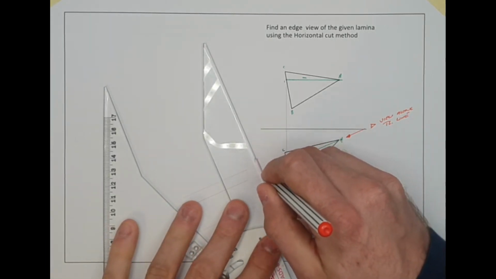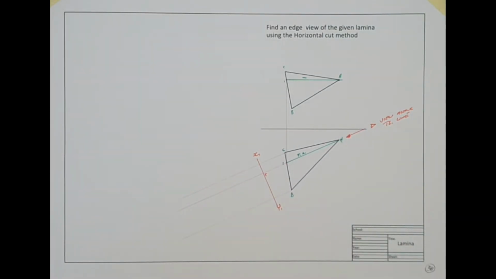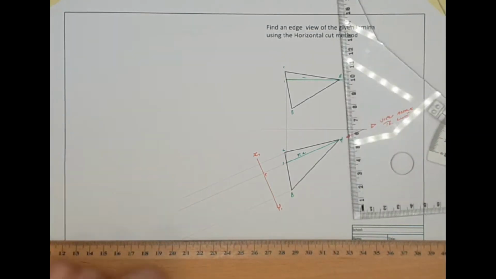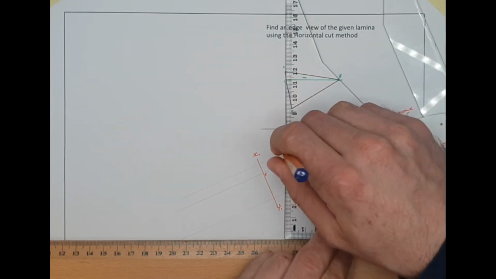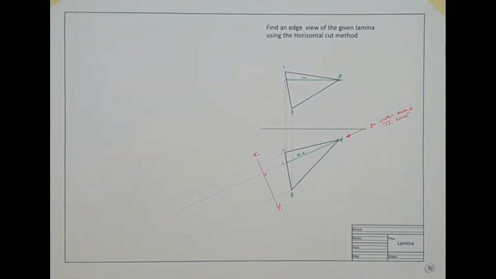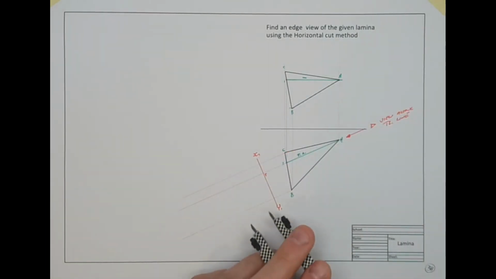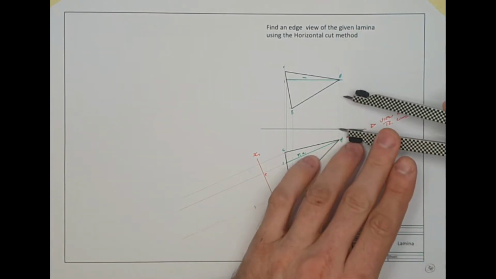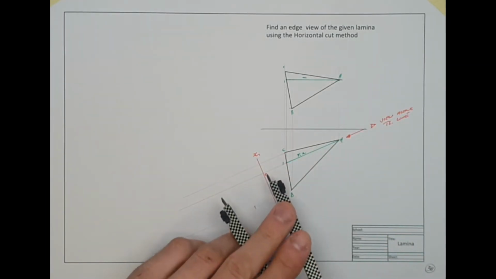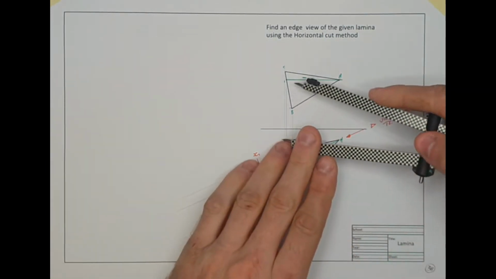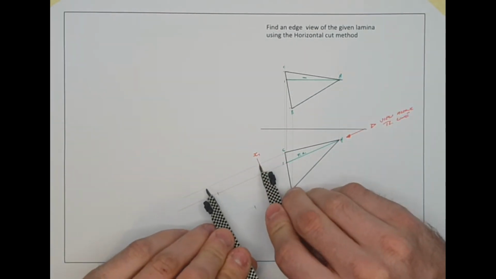I'll drop in my x1, y1 perpendicular to my projections, and I never take compass marks without a line there, so I'll just link up my views here, my 3 points linked up, point C linked up, so I'll have some line to set my compass on, starting with the lowest point being point B, marked out from point B. Next one up being point A and 1, both at the same height, so A and 1 become a point view, and finally C up here at the top, marked here.